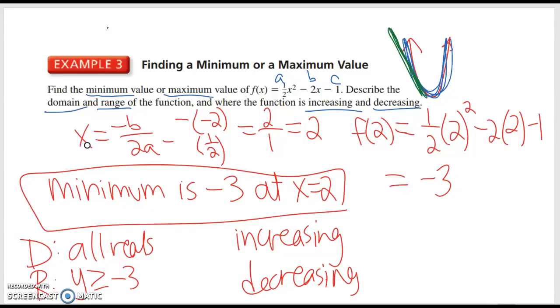It starts out decreasing. Then I get to the vertex and it switches and starts increasing after the vertex. So that means my function is increasing when x is greater than 2 and decreasing when x is less than 2.